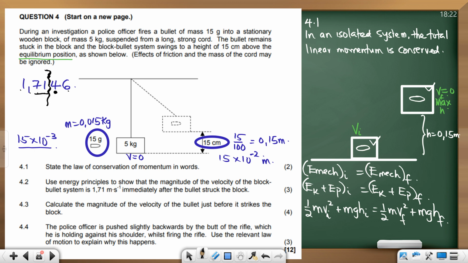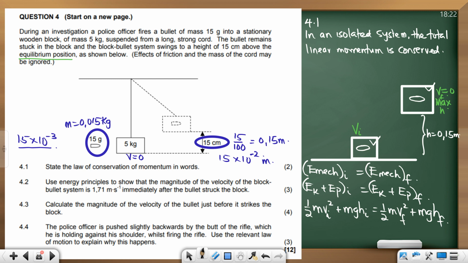Then this is what counts. If this was 1,715, then this should have been 1,72. Okay, guys? All right. Please, that final answer is very important. How we round off. And remember, write it down in your book. You only round off at the end of the calculation.